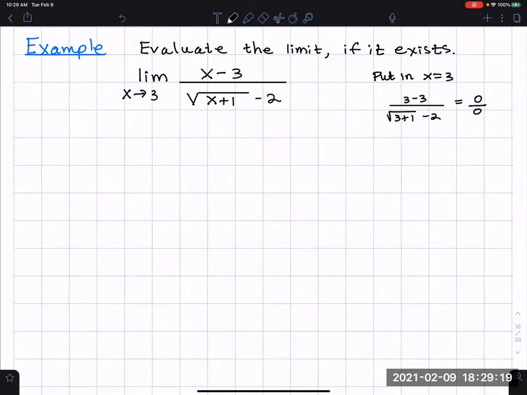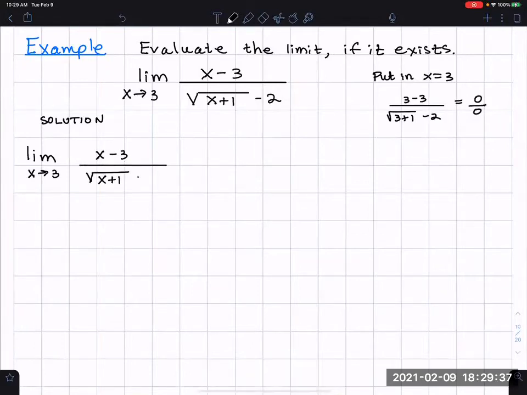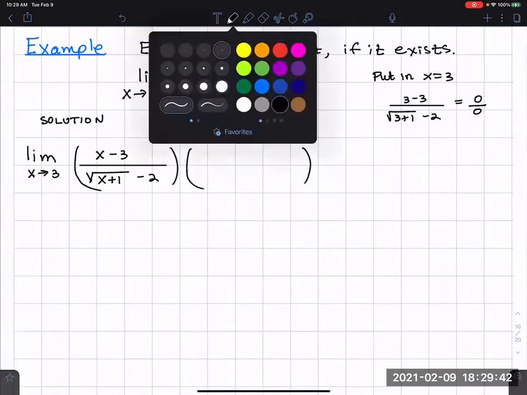So what we do here, for my solution, is I am going to multiply by the conjugate of the radical expression, in both the numerator and the denominator.